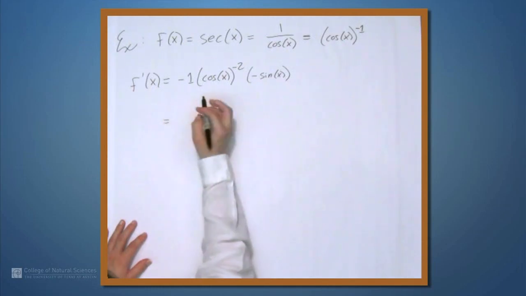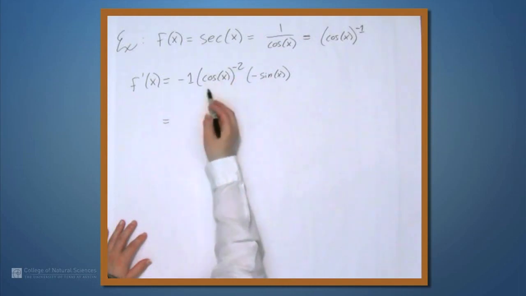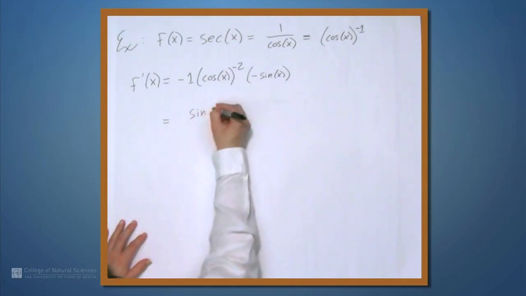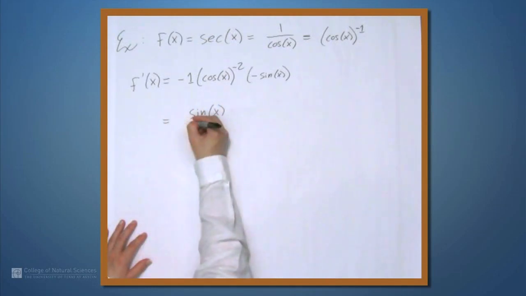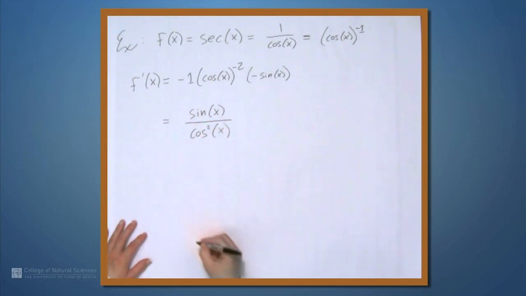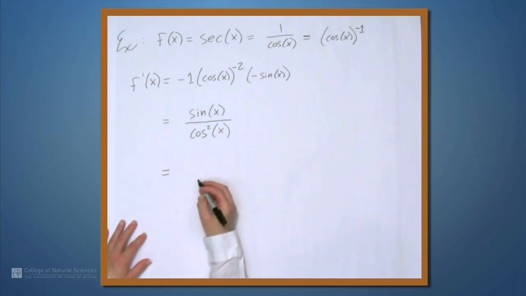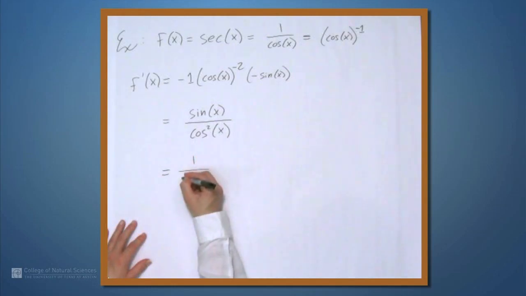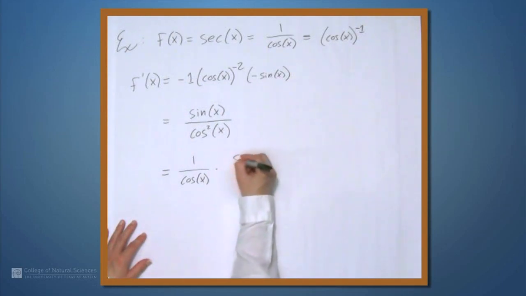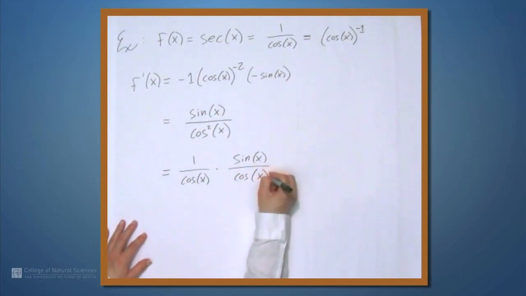So let's rewrite this a little bit. We have a negative times a negative, so that disappears. And let's move this entire cosine term into the denominator. So on the top we end up with sine x, and the denominator becomes cosine squared x. Well, I'm going to split this cosine up. So this is the same as 1 over cosine x times sine x over cosine x.